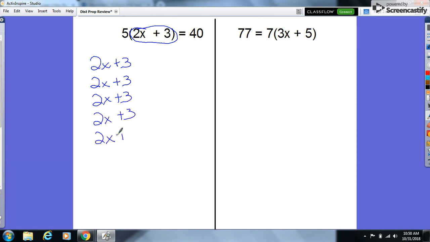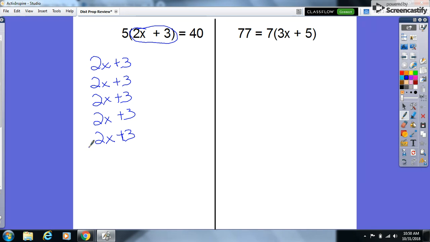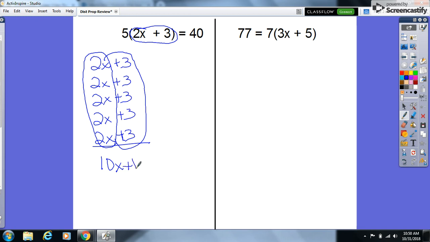And there's number 5. And when I put all of those together, if I add these 2's up, 2, 4, 6, 8, I get 10 x's. If I put these together, 3, 6, 9, 12, 15, so 10x plus 15 equals 40.